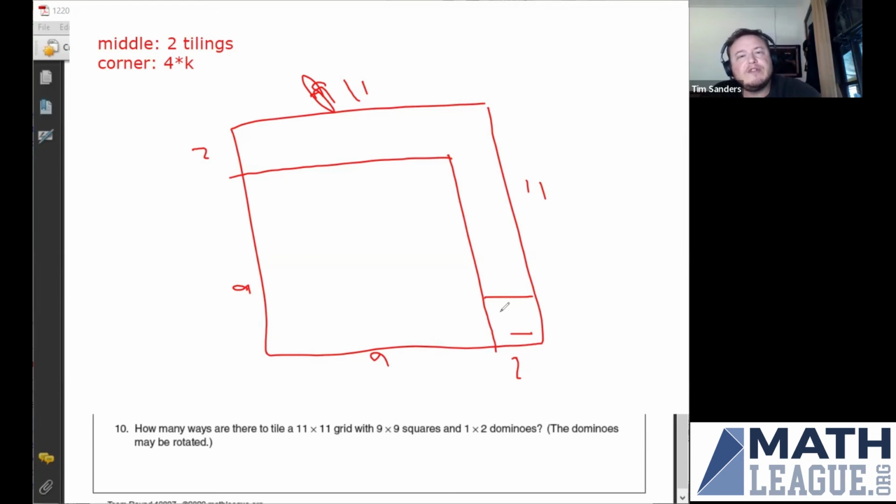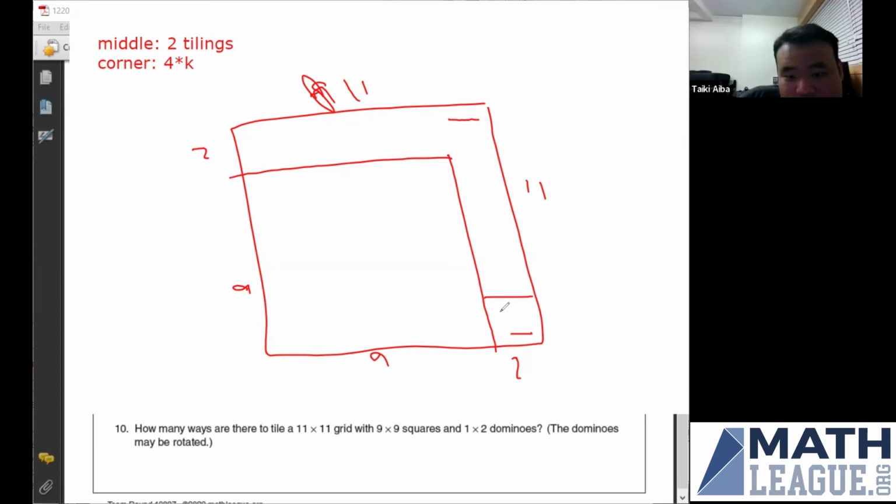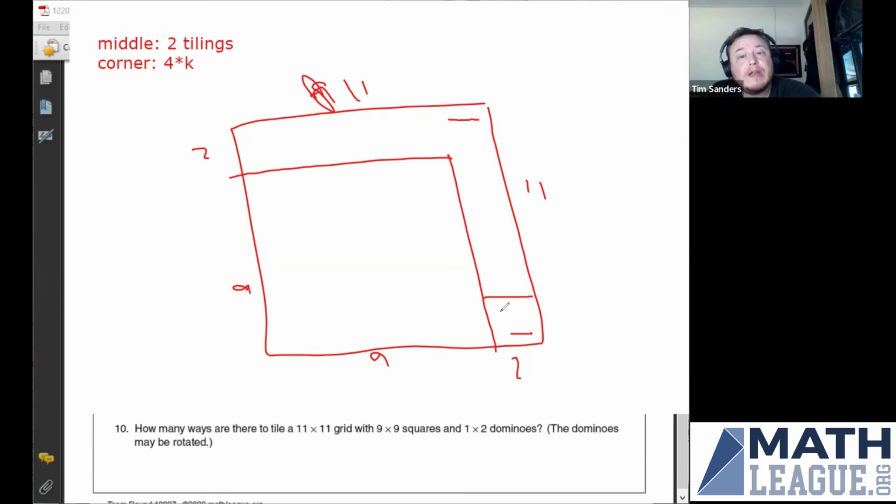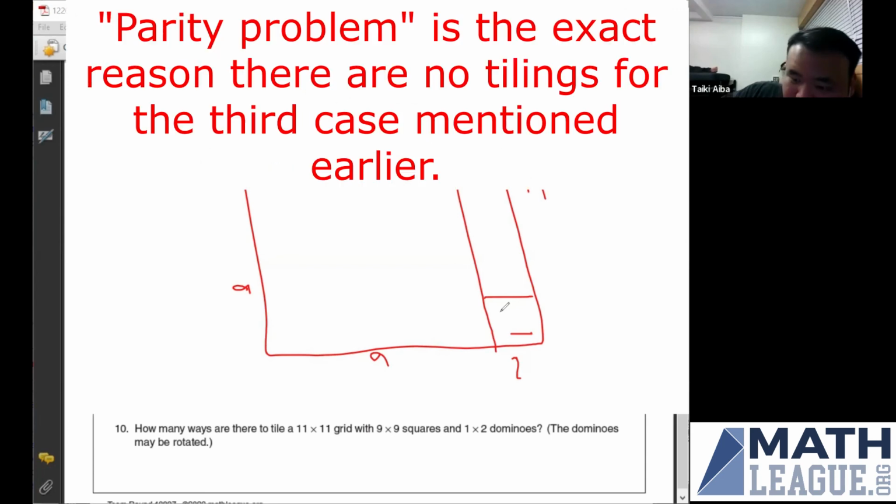So without loss of generality, I can just say that this top domino is horizontal. What I can't do is make this one vertical. Or can I? I can make that one vertical. What I can't do is cross over like that, because now we're going to have a parity problem, right?